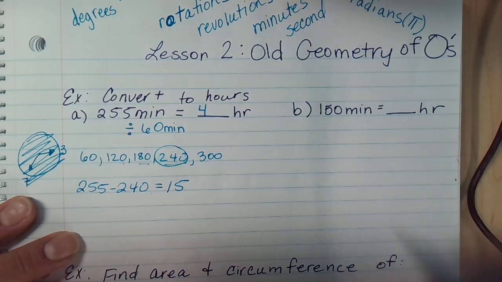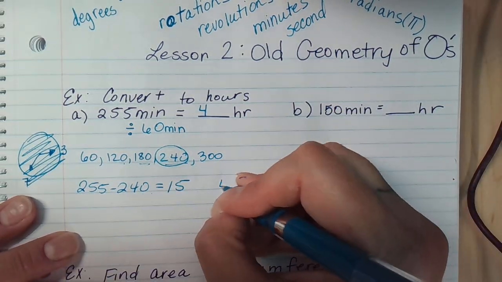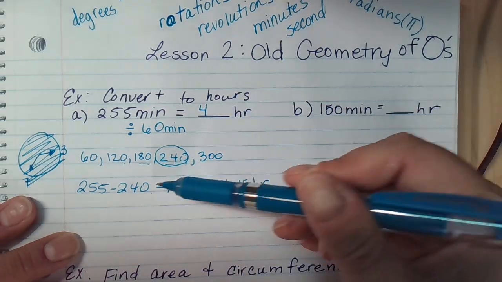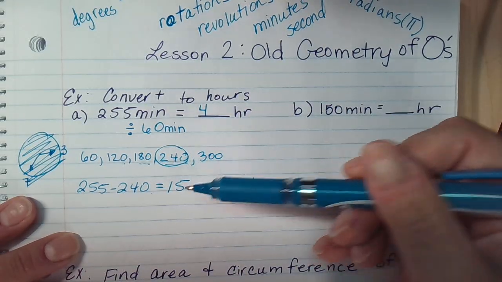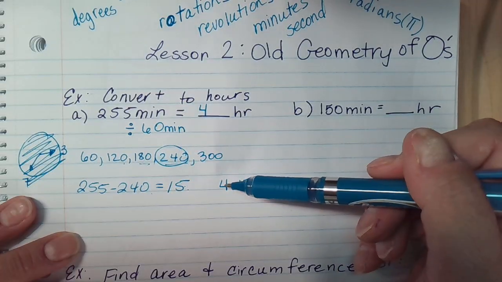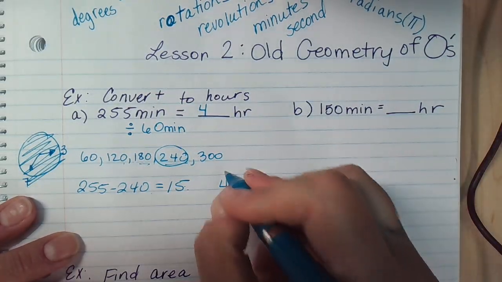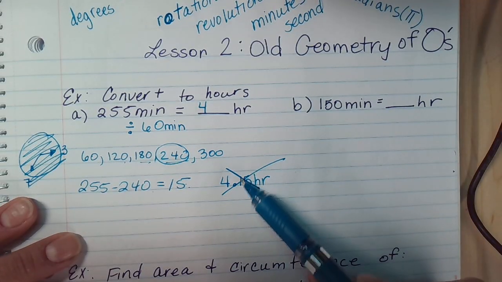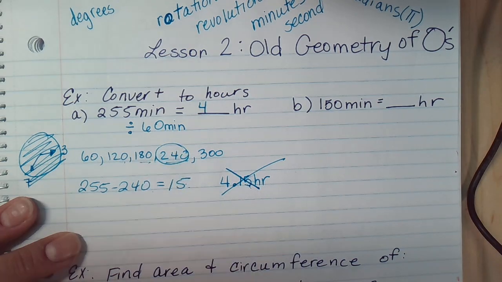But I'm not going to say 4.15 hours. No, because this is 15 out of 60. I'm not going to say 4.15 because that 15 is out of 100 spaces. Get it? 10th, 100th. We want it to be out of 60.